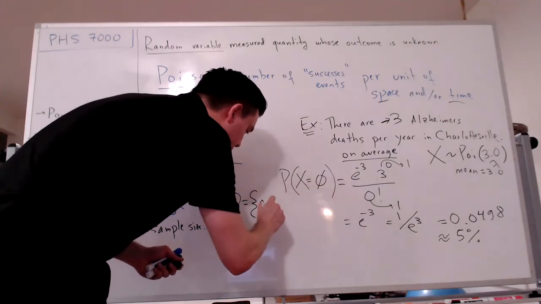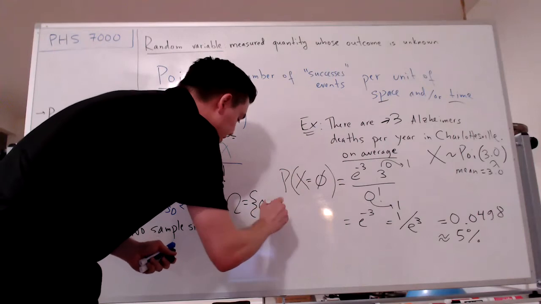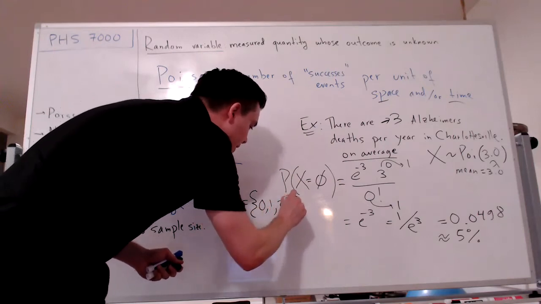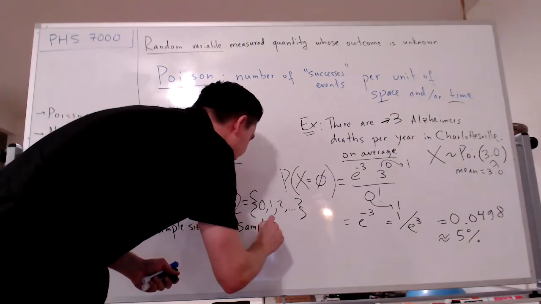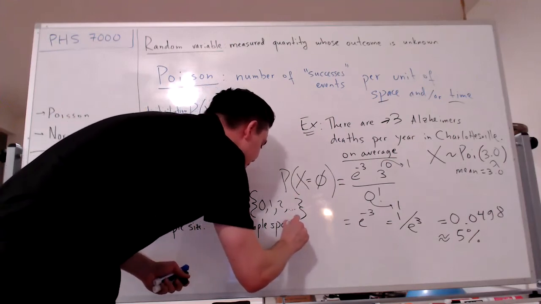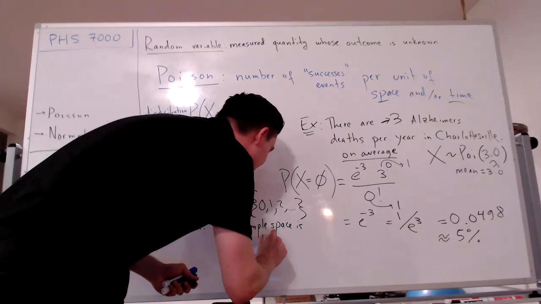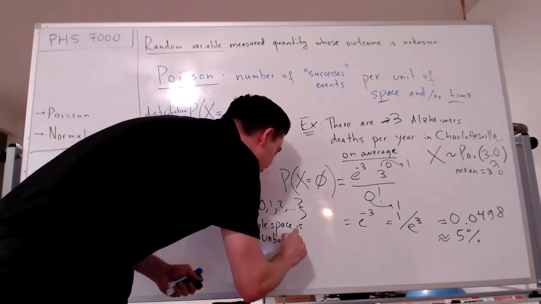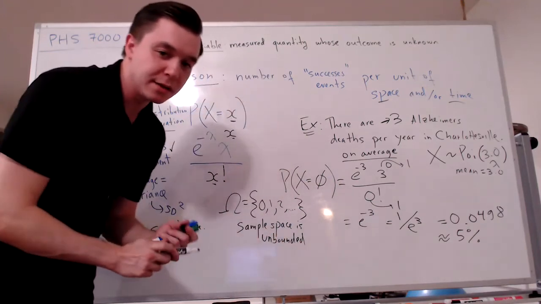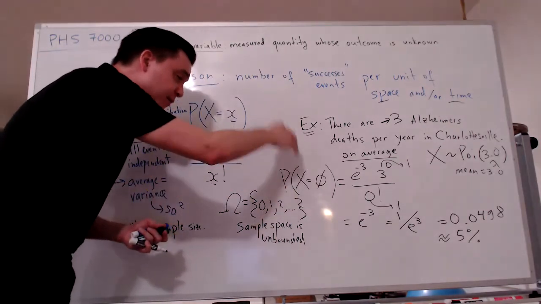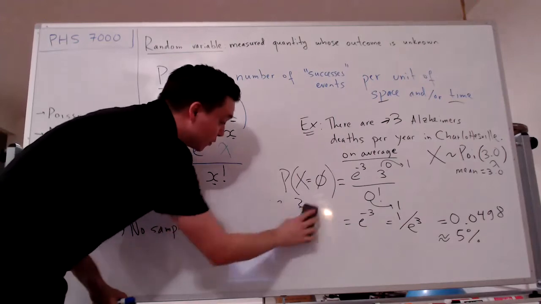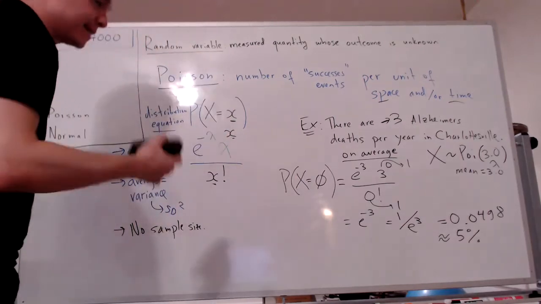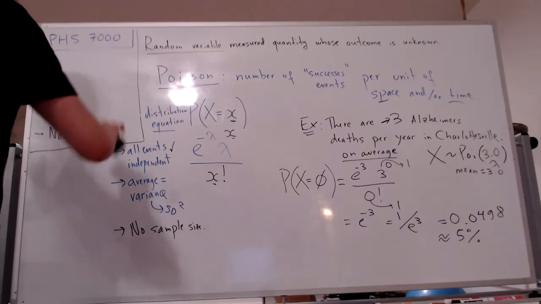We just computed the probability for it. For a Poisson, 0, 1, 2, and so on, the sample space is now unbounded. If you remember the binomial, the sample space was bounded by n. You can only have up to n successes out of n trials.